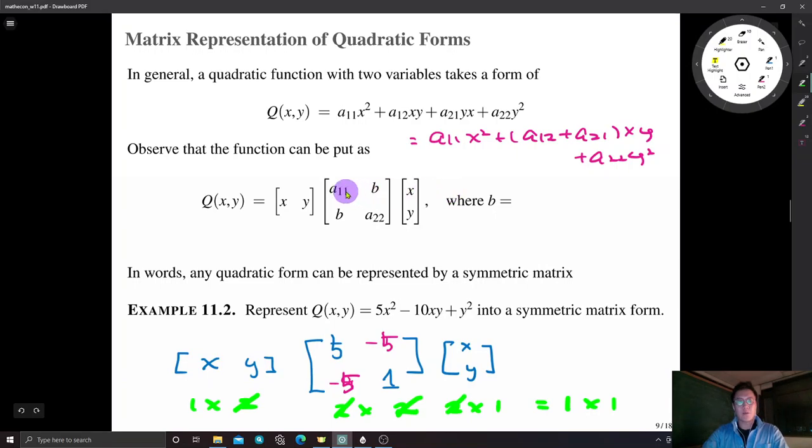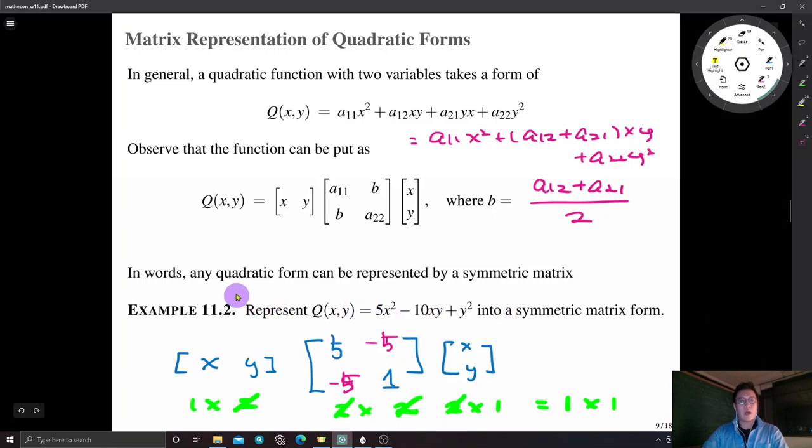So the way to make the matrix in the middle symmetric is to let B equal a sub 1,2 plus a sub 2,1 divided by 2. Just as I chose negative 5 here when I had negative 10. If I equally assign negative 5 and negative 5 to the entries, then I can make this matrix symmetric.